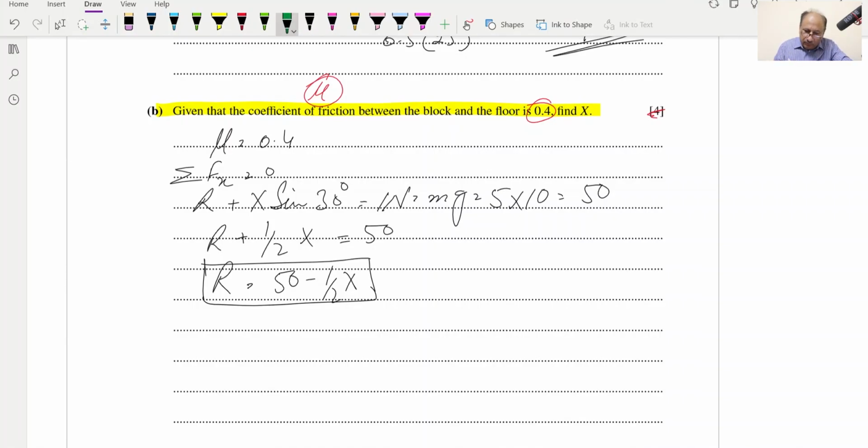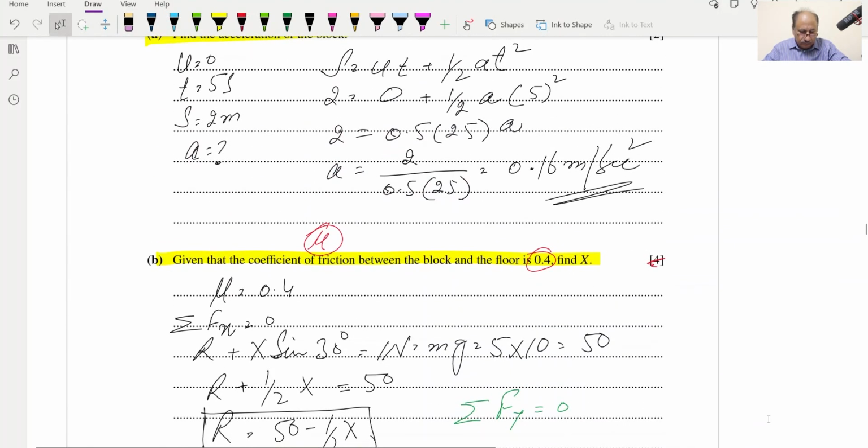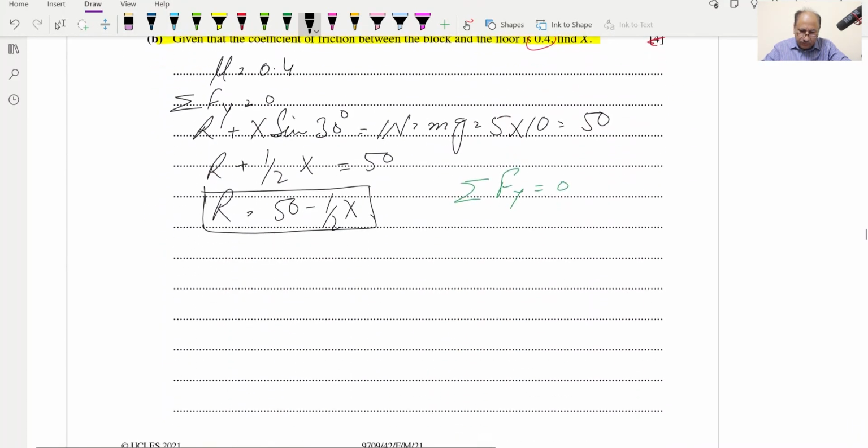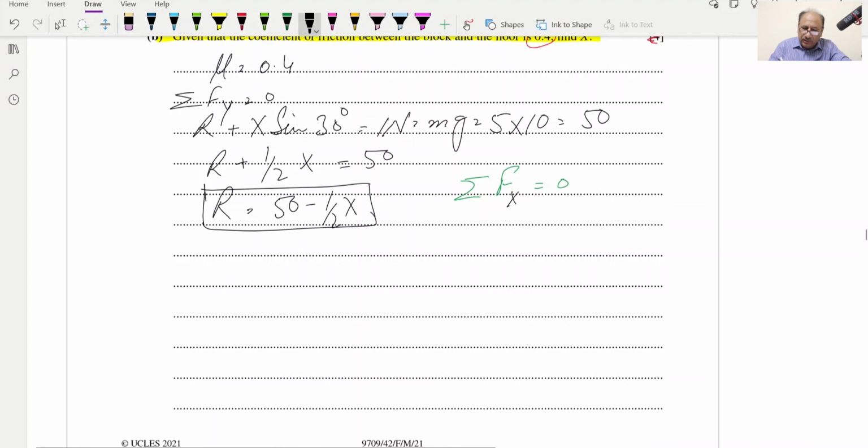Basically we resolved sigma y first, and we have now written sigma x. We have correctly resolved sigma y because the upward force is equal to the downward force, and now we will be resolving sigma x.